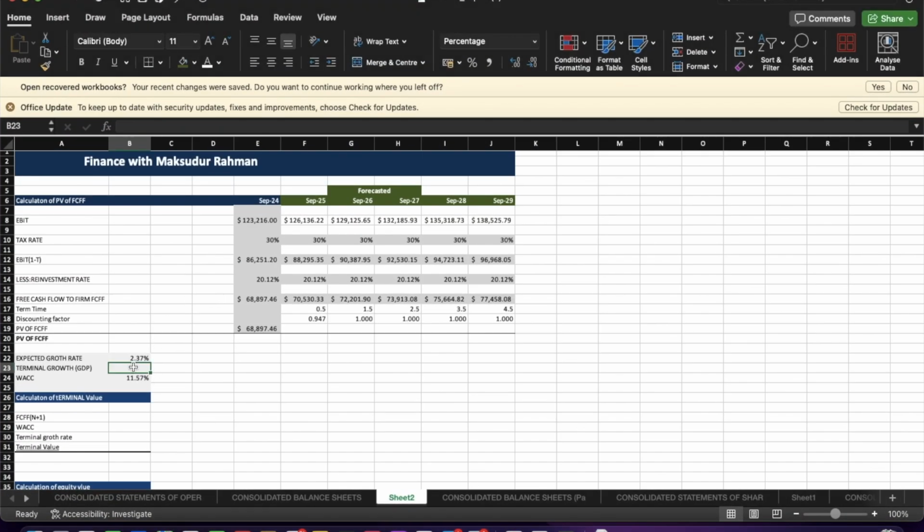So we are assuming that the company is going to grow with the GDP of the US. This is one of the good benchmarks to take as the terminal growth, and it has been done by different renowned analysts, so we can use this method to get our terminal growth.